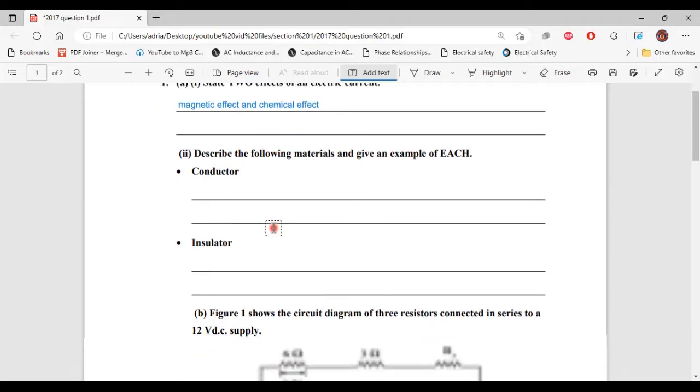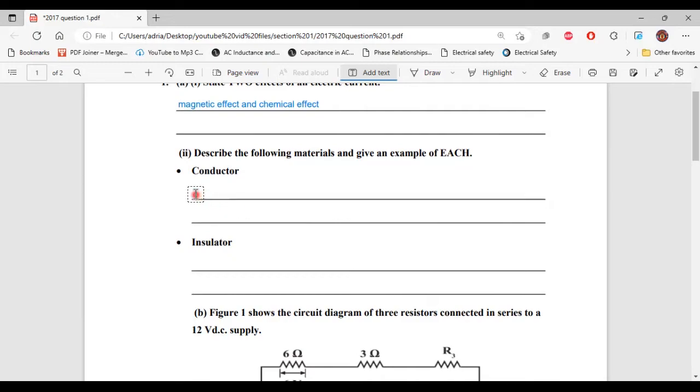For part 2 now, it says describe the following materials and give an example of each. The first material, a conductor. A conductor is a material that allows current to flow through it easily.